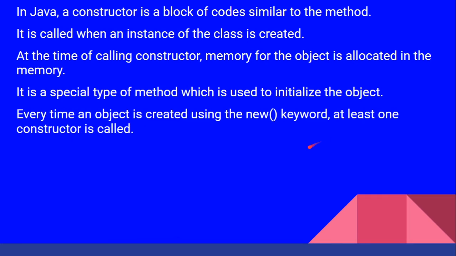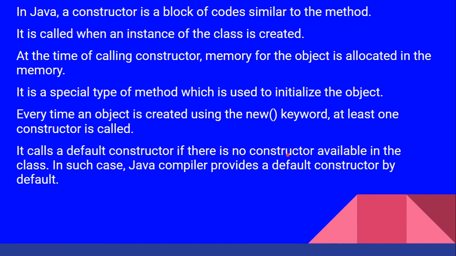Now let us see the syntax of this constructor. Every time an object is created using the new keyword, at least one constructor is called. So new is the keyword which helps to construct the object for the class. Once the new keyword is used, the constructor is called, and only then will the object be created.